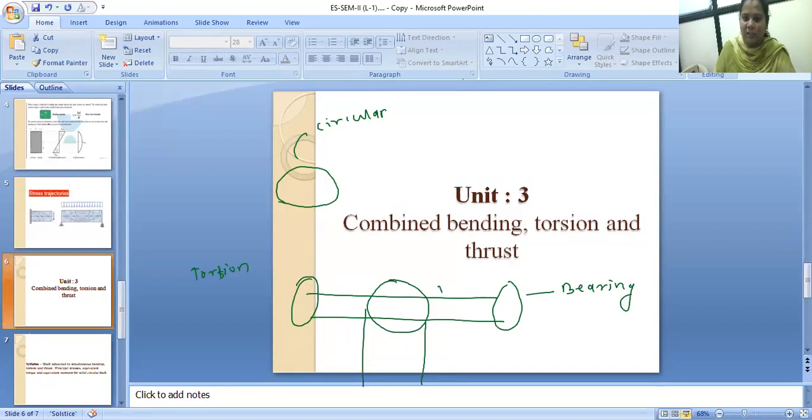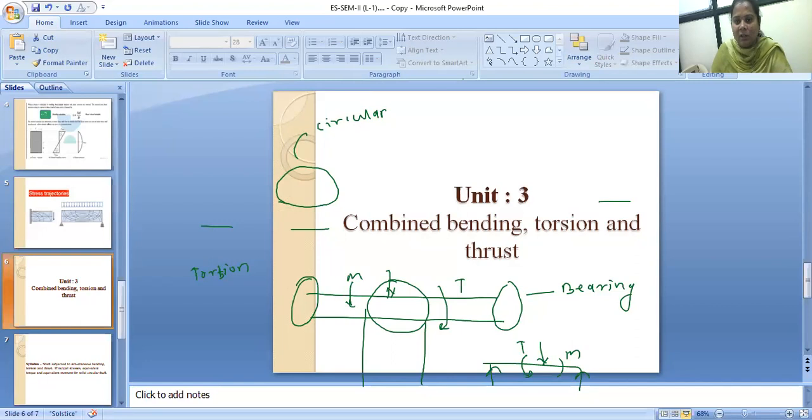So due to this, torsion will be created, moment also created, and our load. So here total 3 effects: bending, torsion, and thrust. So this is overview of this unit.